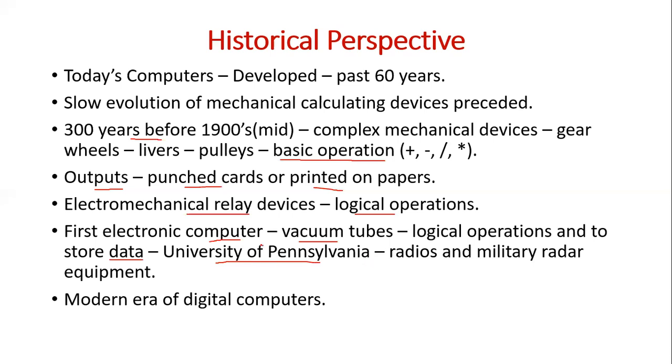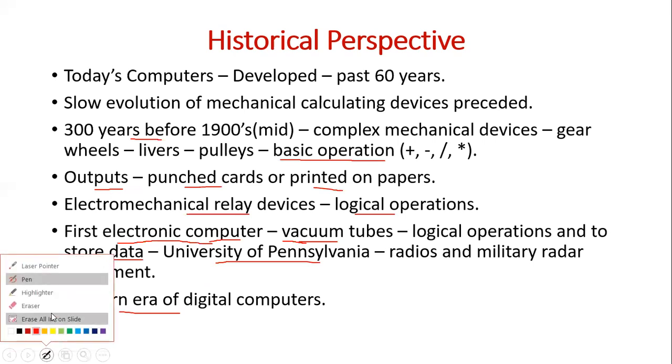This first computer which uses vacuum tubes was used for radios and military radar equipment. And this first electronic computer, which used vacuum tubes, marked the modern era of digital computers.